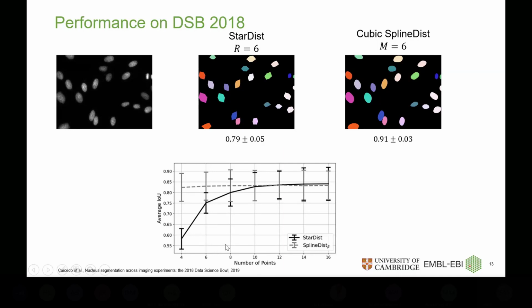But at the very beginning, owing to the fact that SplineDist is using a much smoother interpolation kernel than StarDist, it gets at least quantitatively better results using 25% fewer parameters.